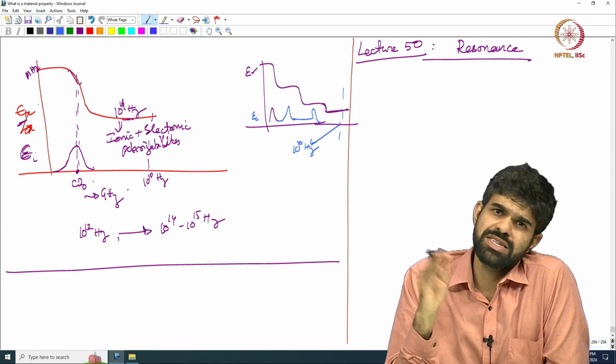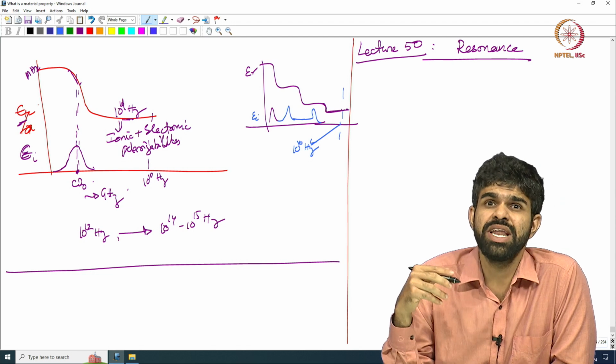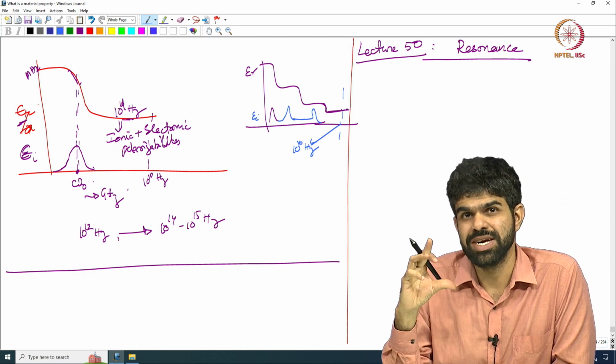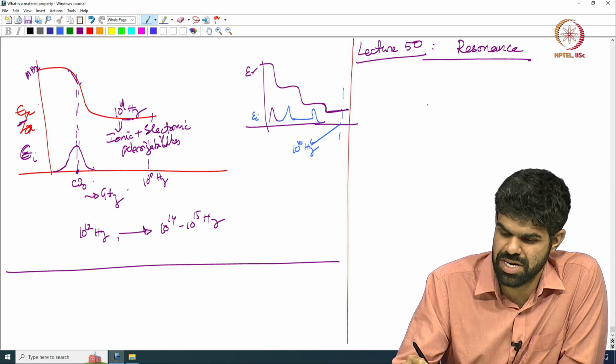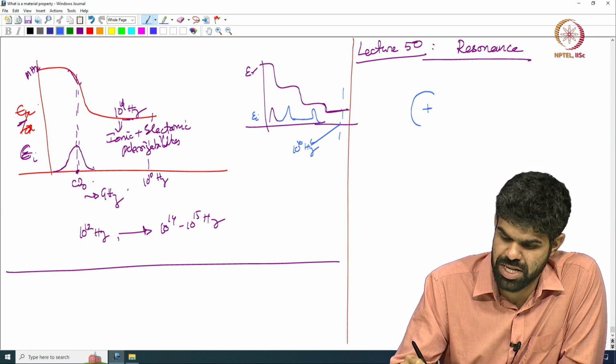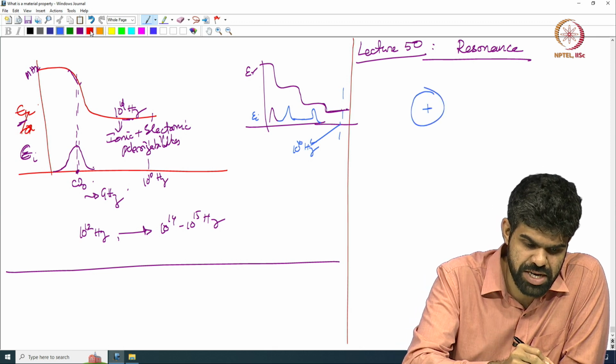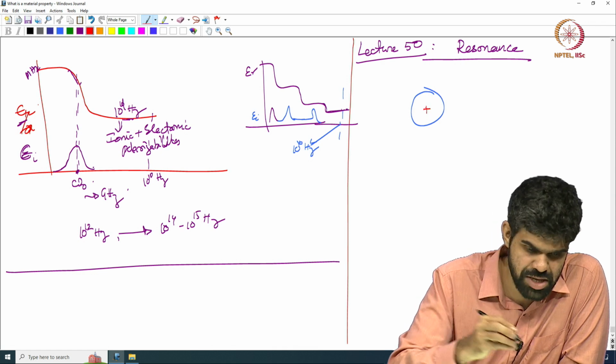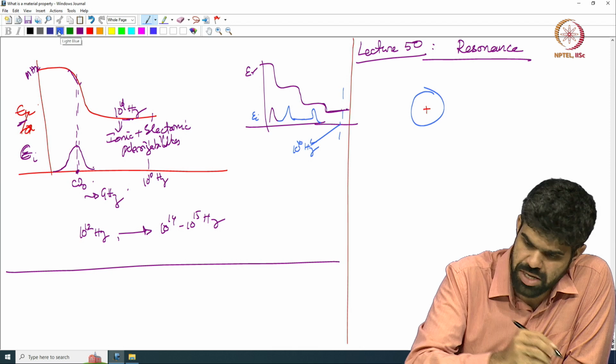Let us go for the kill. Let us look at electronic polarizability, which is the easiest to polarize. I have an atom with a nucleus, and initially the nuclear center coincides with the electronic center of mass. The nucleus is in red, the electron is in blue.